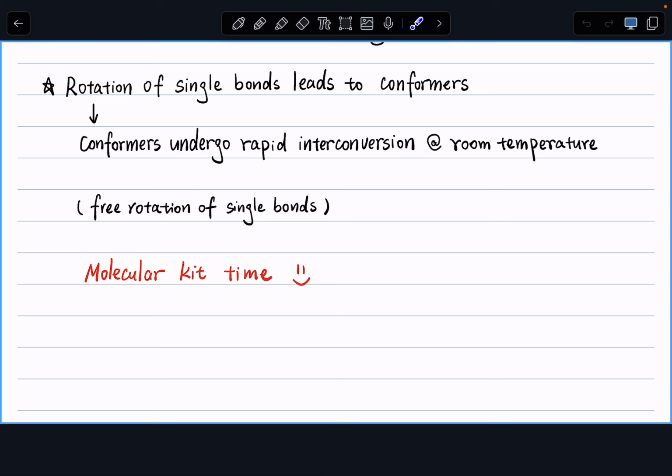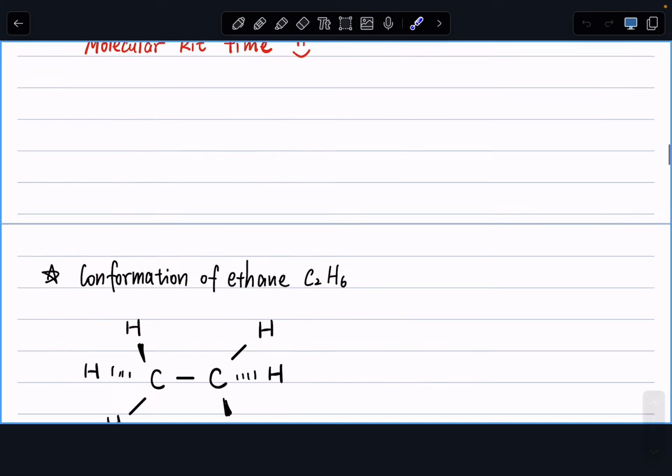These bonds are able to rotate throughout and form different conformations. So let's look at ethane as an example and analyze it a little more carefully, to see how different conformations of ethane come into play in organic chemistry.